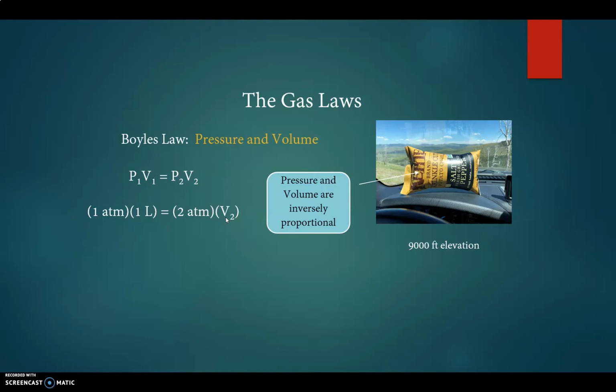And what Boyle discovered was not only is it inversely proportional, but it's quantitative. So if we make the pressure 2 times greater, the volume should be 2 times smaller, or half of its original value. So the volume would change from 1 liter to 0.5 liters.